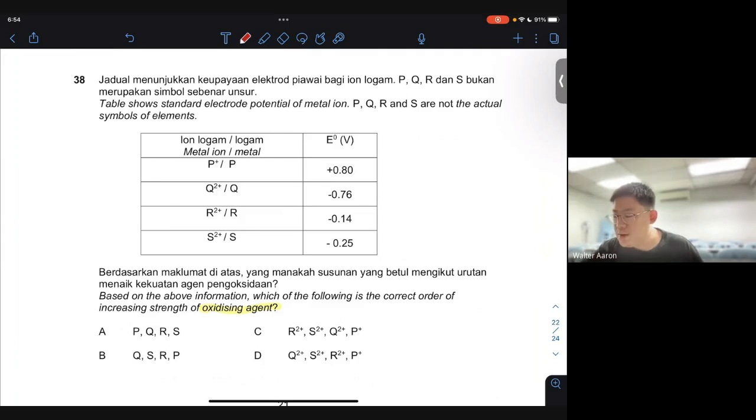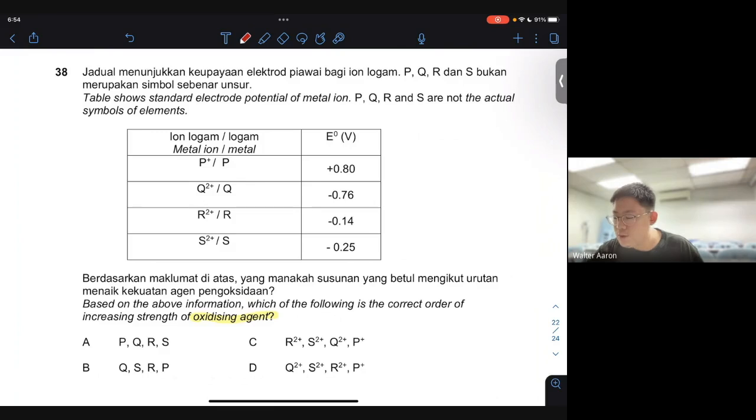Okay, so based on this particular data that they give you, I would say that the one that's most negative will be the least likely to be an oxidizing agent. So they want you to describe in terms of increasing strength of oxidizing agent.